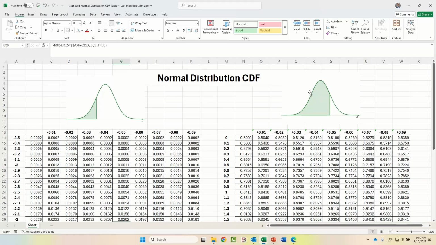And the picture looks like this on the right if you have a positive z-score, because a positive z-score means you're greater than the mean, and you'll end up on the right side of the bell curve, and so the area of this shaded region is the decimal in this table. And so that's the picture here.